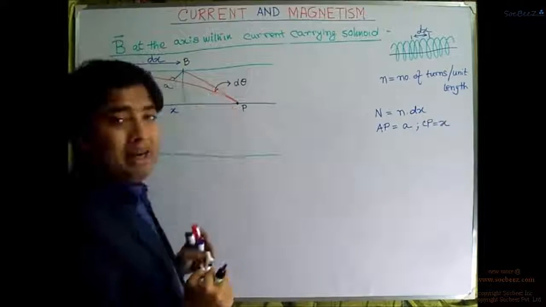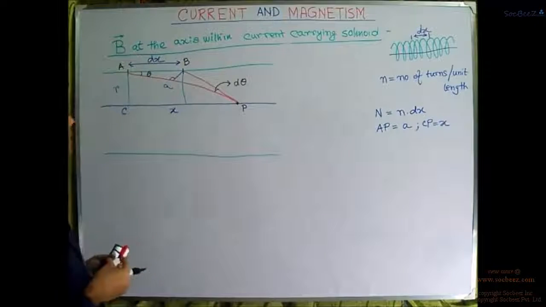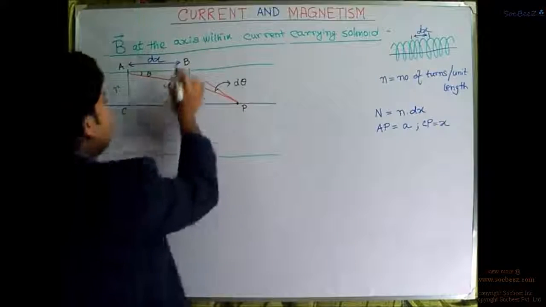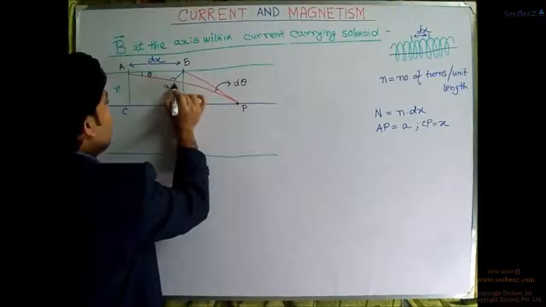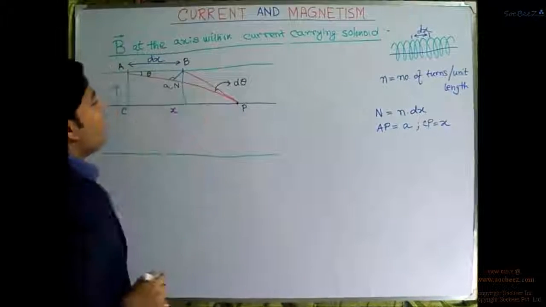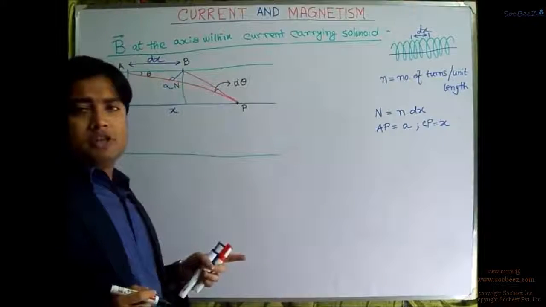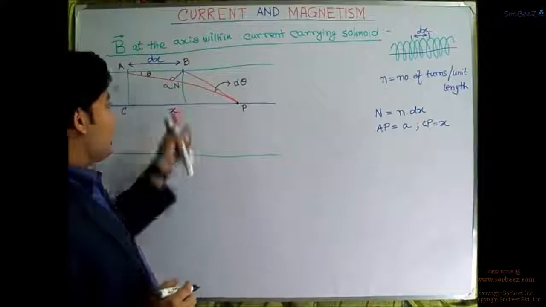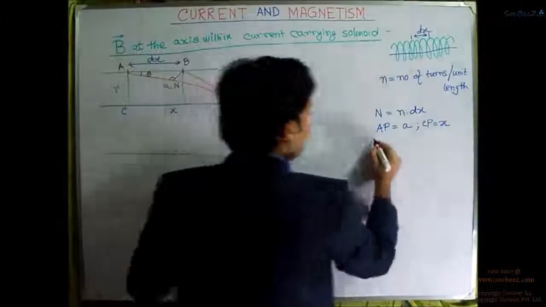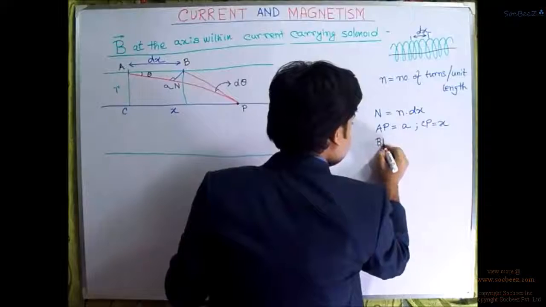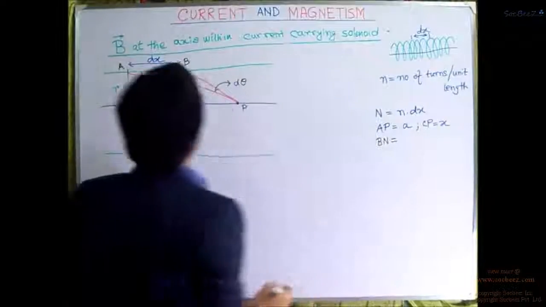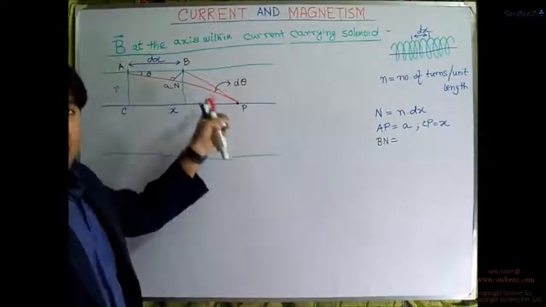So this will be d theta. Now over here, let us take this point as, say, N. By the laws of geometry and trigonometry, we can state that BN over here is equal to a d theta.